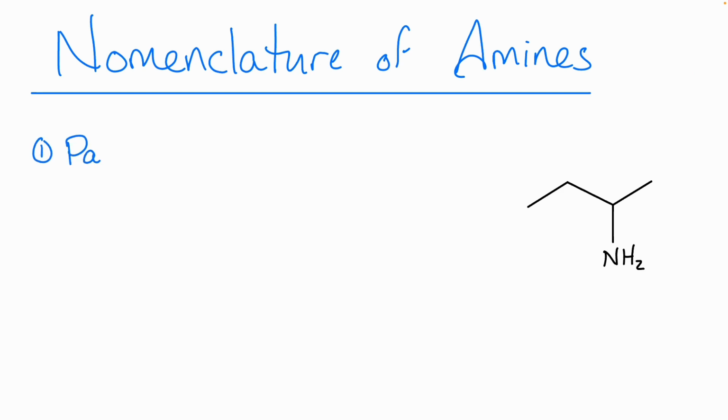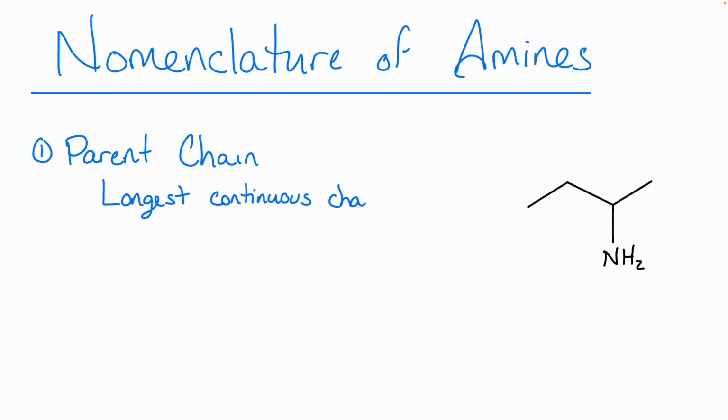Our first step is always to find that parent chain, our longest continuous chain of carbons. When we find our parent chain, we have this new functional group, amines, and the ending for an amine, our suffix, is amine.